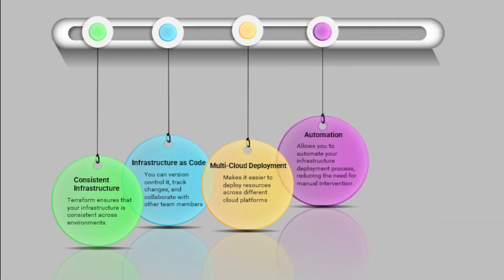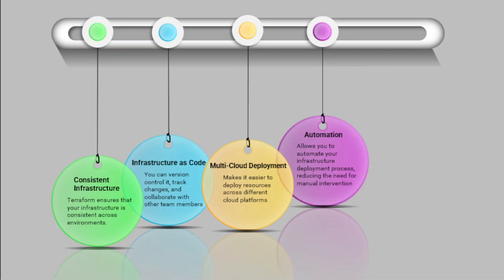Then the other thing is automation. This is the main benefit of Terraform, that we are automating the whole process. In the manual approach, it consumes a lot of time to deploy the resources. But when you use Terraform, we are automating all these things. In just seconds, you can destroy. In just seconds, you can deploy. So this is a benefit of Terraform.